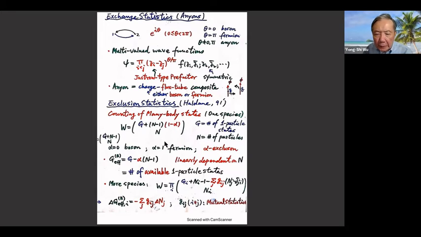And when we have capital N identical particles, the statistical weight is given by a combinatoric factor. So here we have G equal to the number of one-particle states.